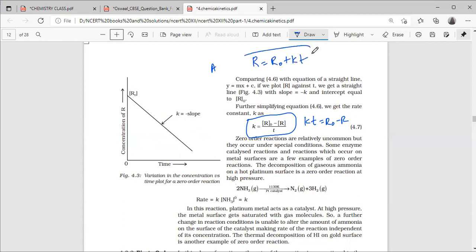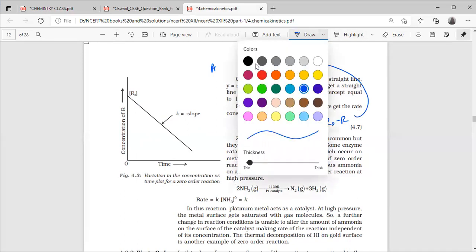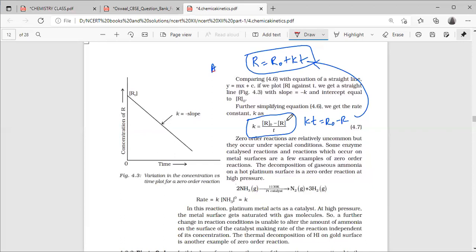This much I can write from this formula. This formula is clear first of all. From this formula I can write this step; I just took t here.